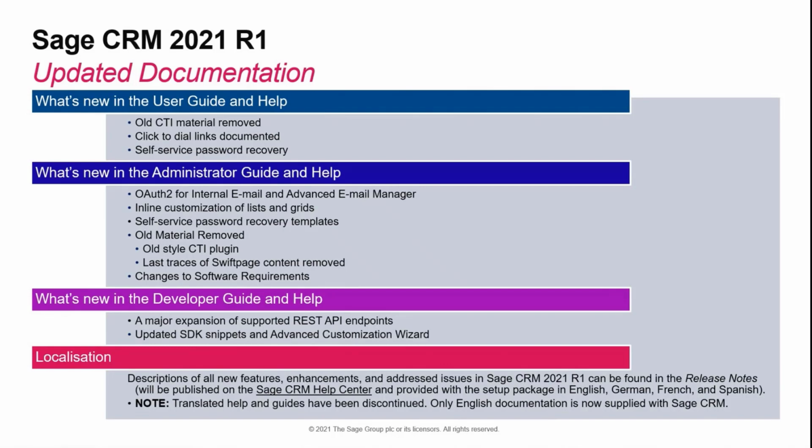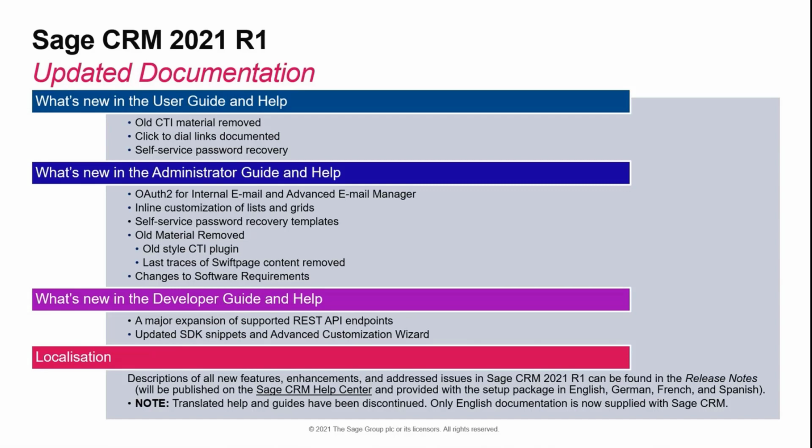So we've removed CTI references, and some of the old e-marketing references have been pulled out, to make sure that anything old is removed and everything that's displayed is true. And we've seen an expansion of the developer guide and the REST reference as well. So a lot of documentation, new features, enhancements, and all of the addressed issues.